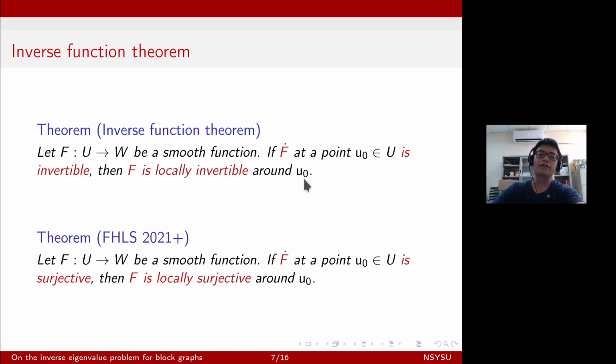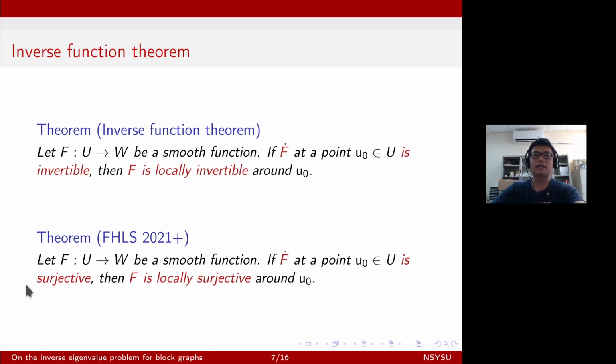That's the classical statement of the inverse function theorem. And somehow, we really don't care whether it is one-to-one or not. For our purpose, we just want to make sure that there is a point mapping to a point in the other space. So it can be modified slightly.